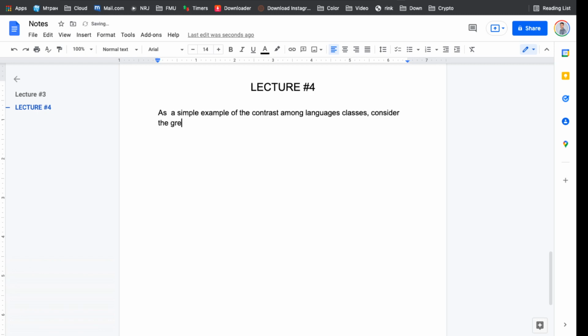Consider the greatest common divisor. In other words, GCD. Greatest common divisor problem.